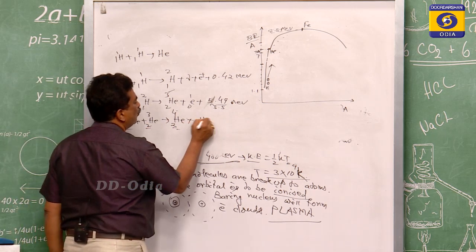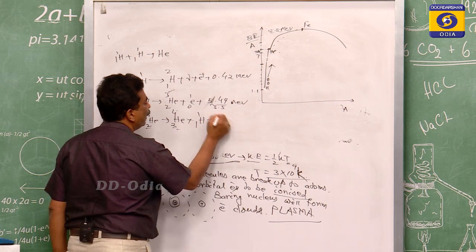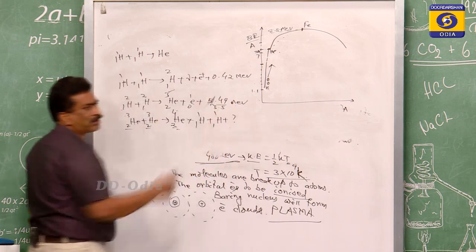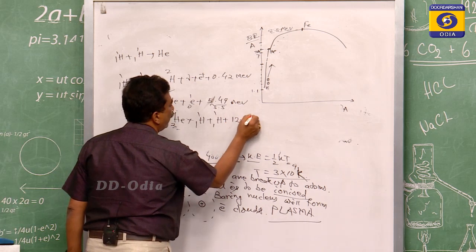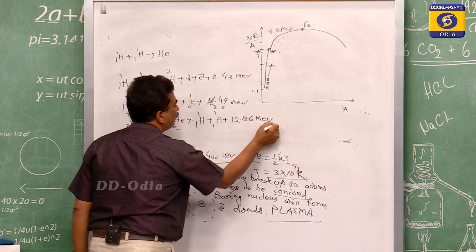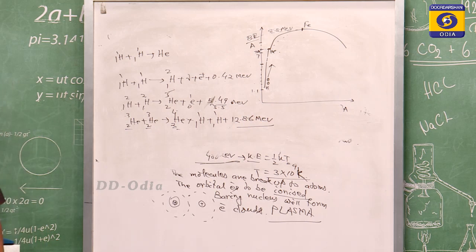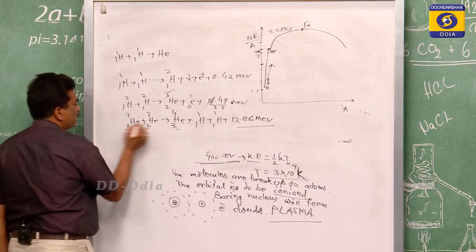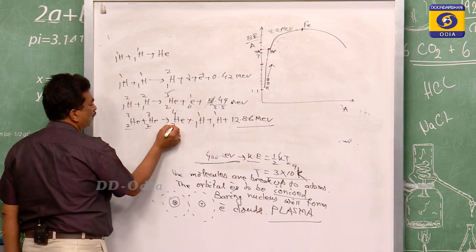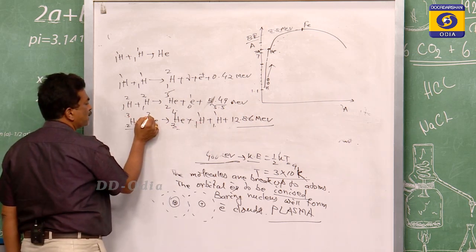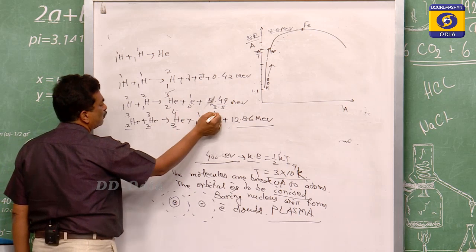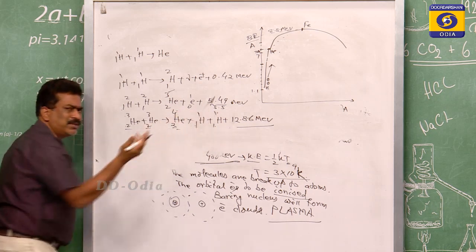Those 2 more come along with energy, and that energy liberation will be 12.86 MeV. So is it balanced? 2 plus 1 is 3, 3 plus 1 is 4. 3 and 3 is 6. This is 4 plus 1 plus 1: 4 plus 1 is 5, 5 plus 1 is 6.